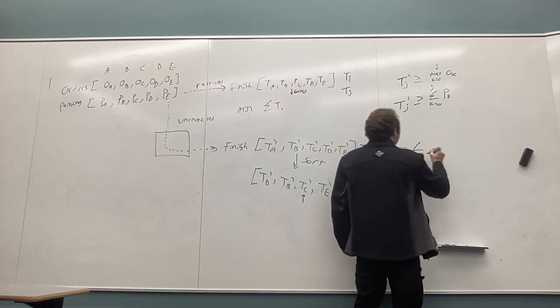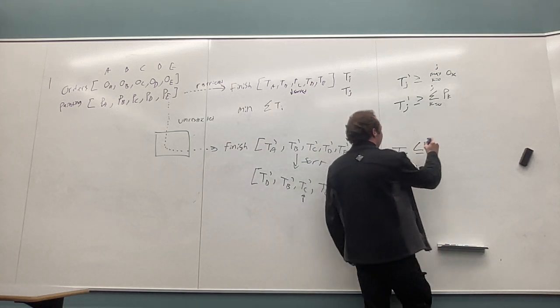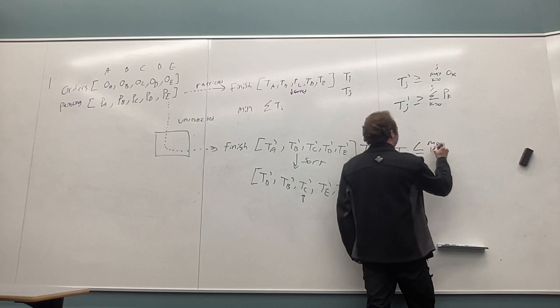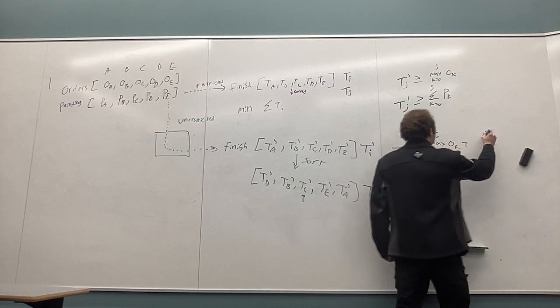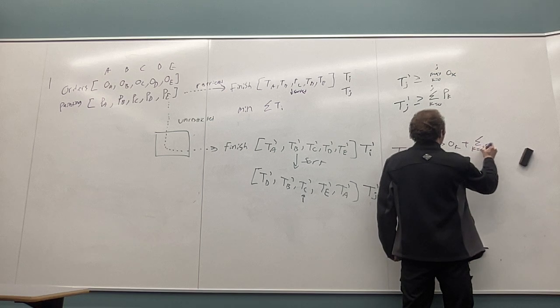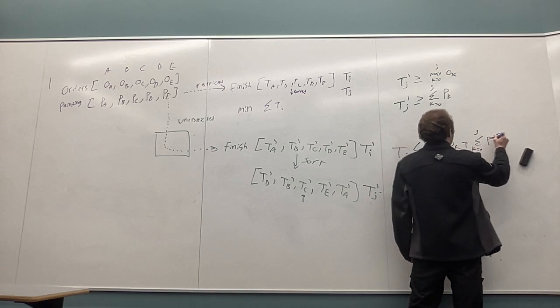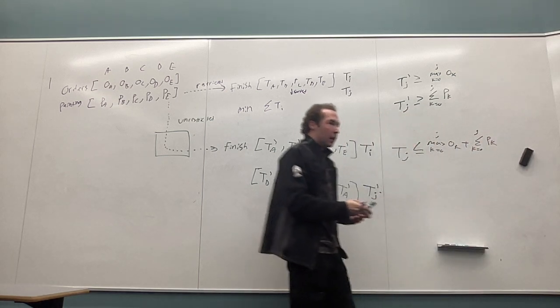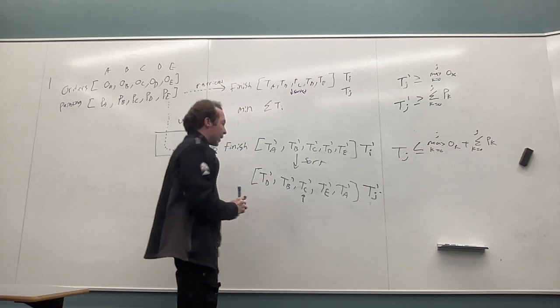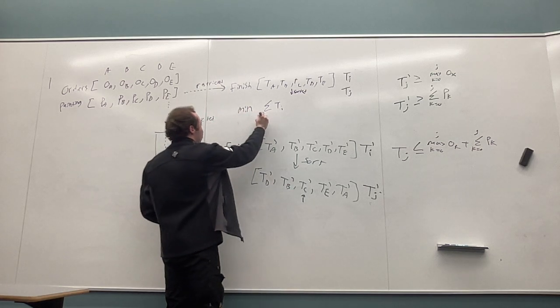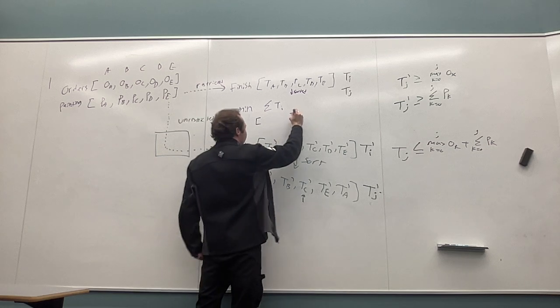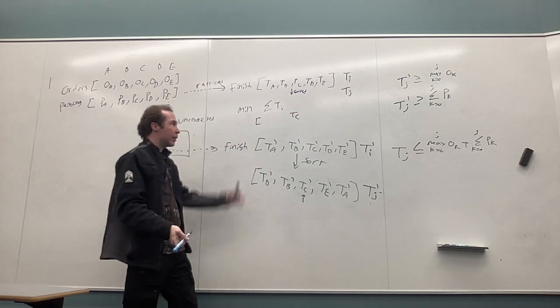We can conclude that this has to be less than or equal to the max of k equals 0 to j of O_k plus the sum from k equals 0 to j of p_k. What does this say? Well, let's look at C again. In our sorted list, the third one is T_C.